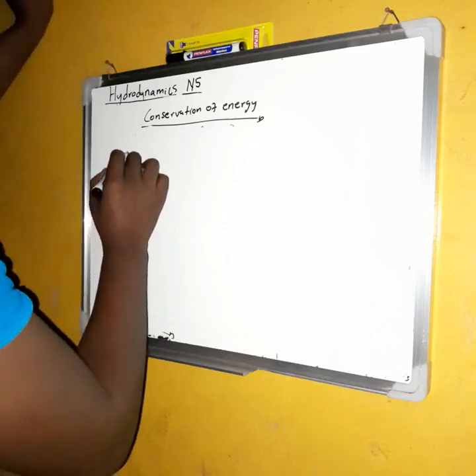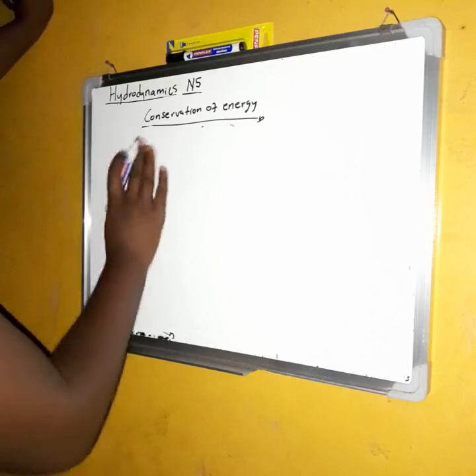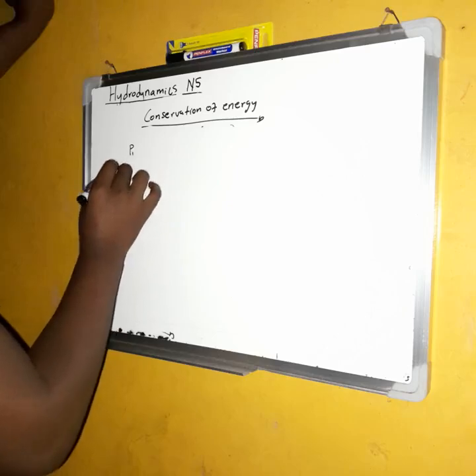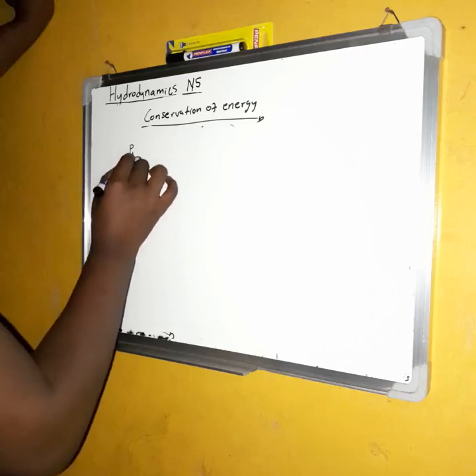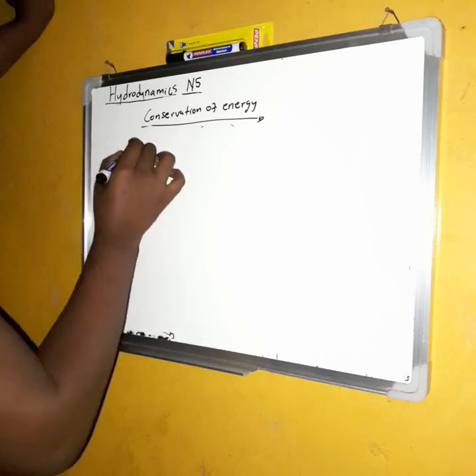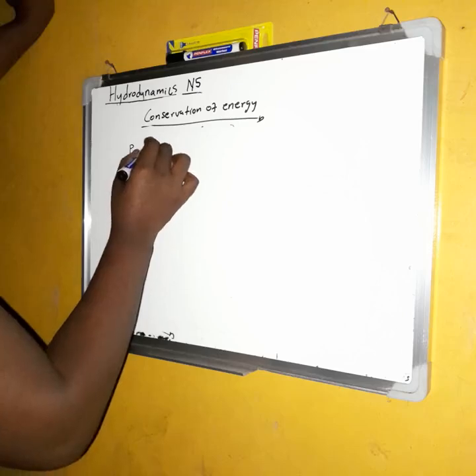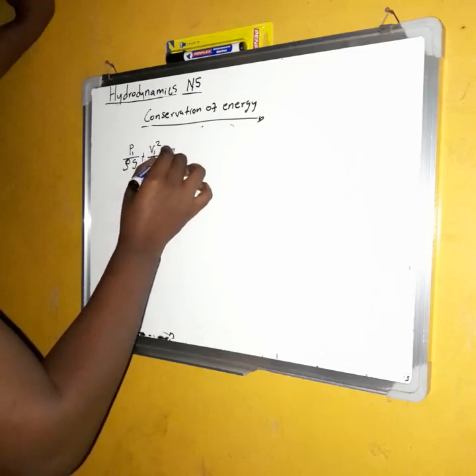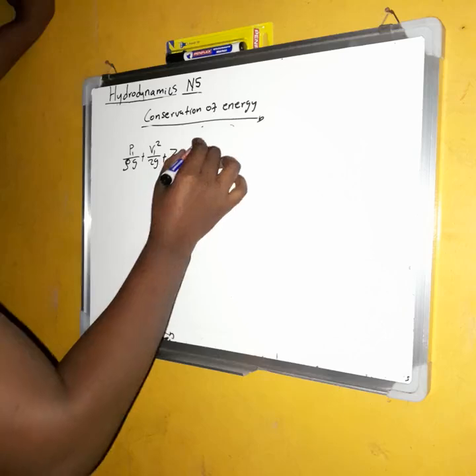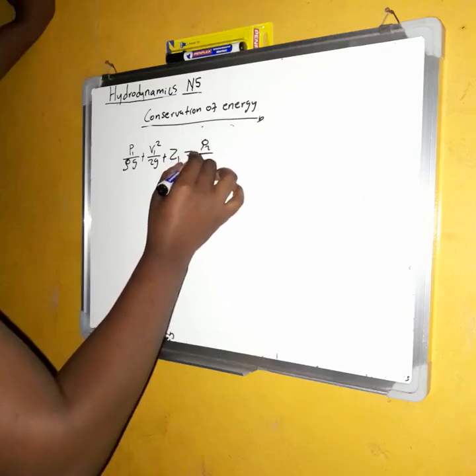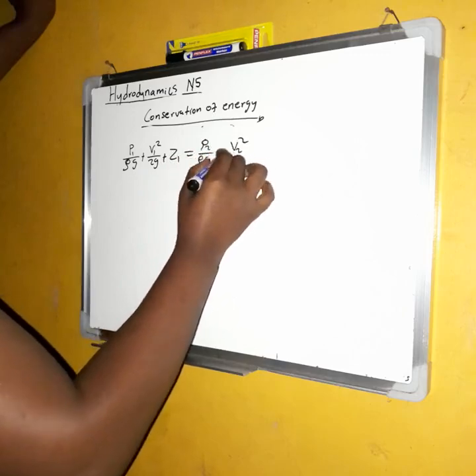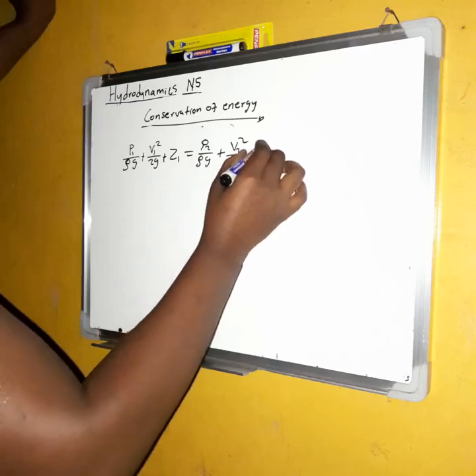Bernoulli's equation. Bernoulli's equation will be pressure 1 over density g plus V1 squared over 2G plus Z1 is equal to P2 over rho g plus V2 squared over 2G plus Z2.